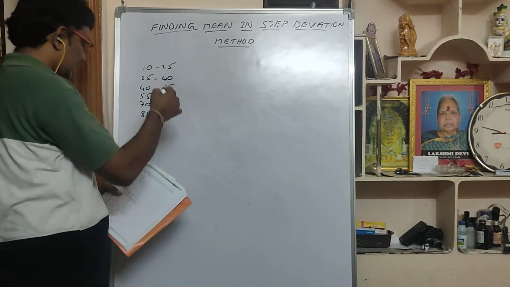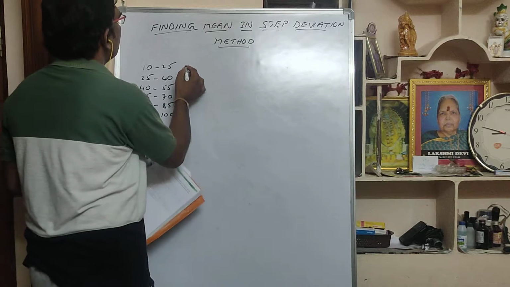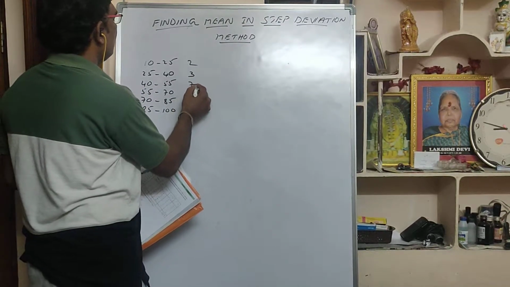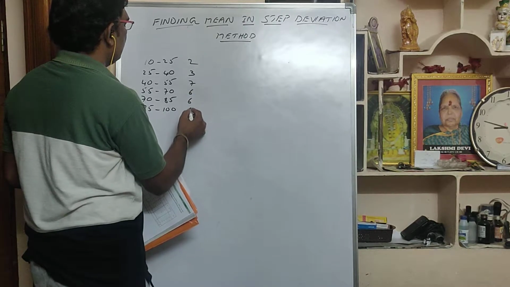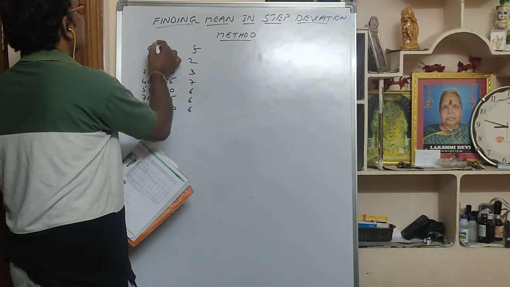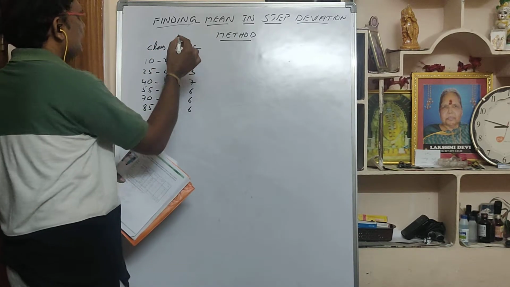This is class. Now the frequencies are 2, 3, 7, 6, 6, 6. It is class, it is frequency.